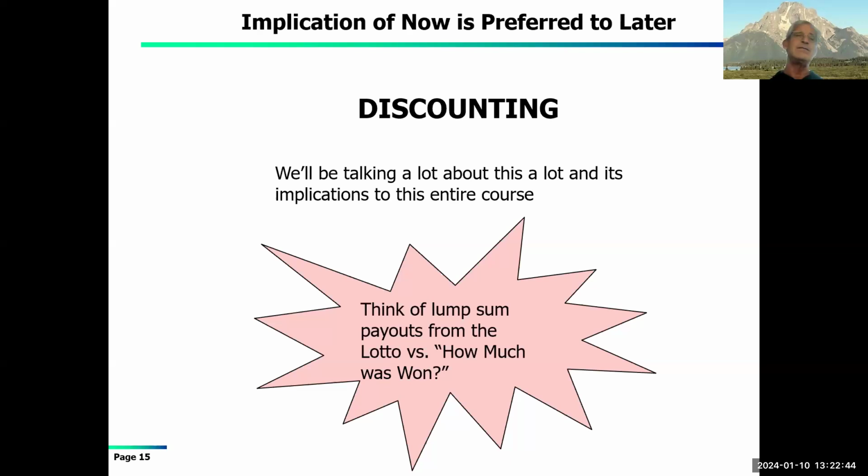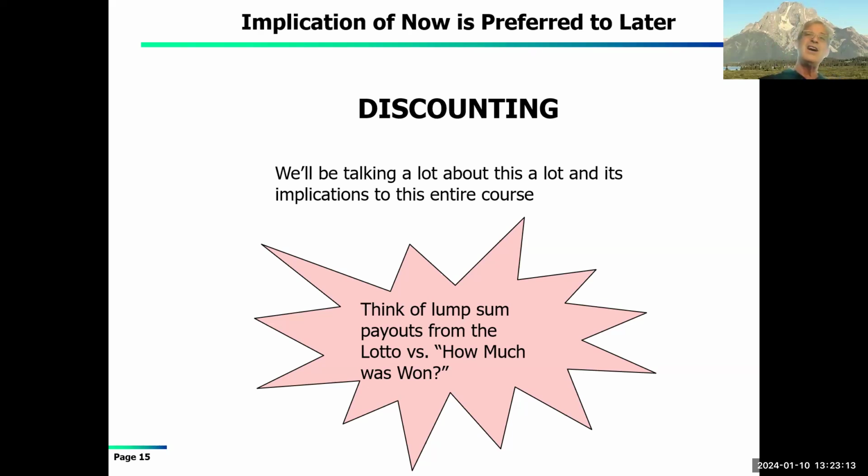Discounting gets into a lot of mathematical formulas, and I'll show you a couple of them in terms of how you think about them. But what is that about? Well, one of the things that financial markets do is they translate future flows, future occurrences into a current value.